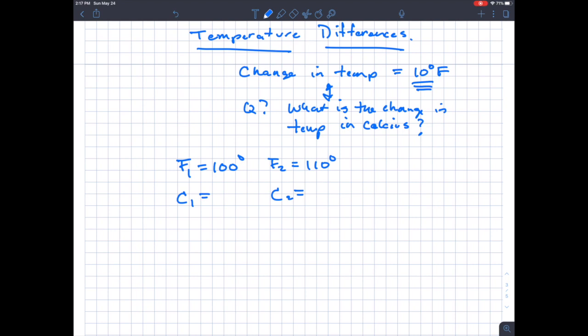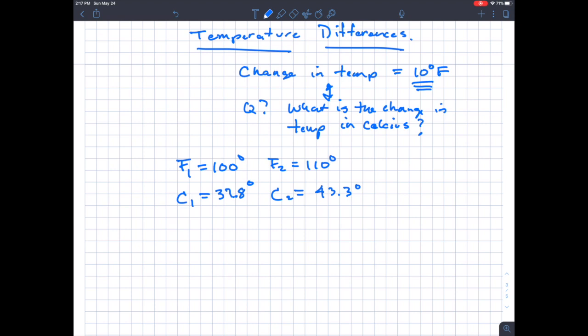Hey Siri, convert 100 degrees to Celsius. 100 degrees Fahrenheit is 37.8 degrees Celsius. Okay, so we already knew that actually. Now, hey Siri, convert 110 degrees Fahrenheit to Celsius. 110 degrees Fahrenheit is 43.3 degrees Celsius.